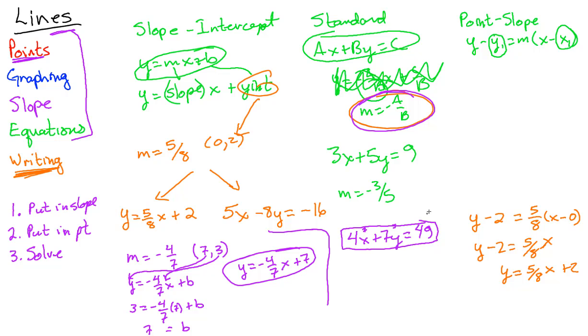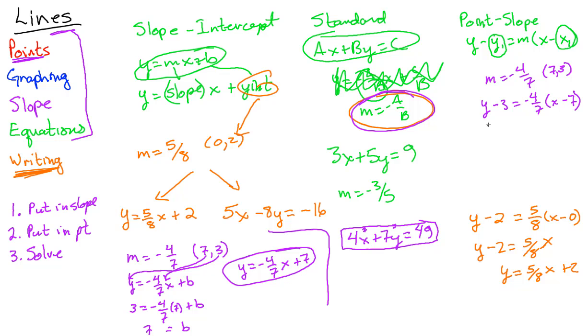So now let's do the final one, point-slope form, where the slope is -4/7 and we're sticking in the point (7, 3). So point-slope form, again, only use this if the student is good with it. So y minus y1, 3, equals -4/7 times x minus x1, which is 7.